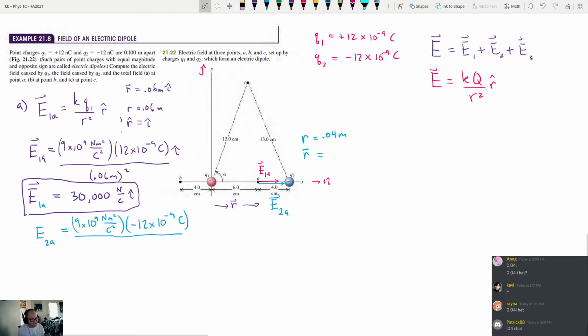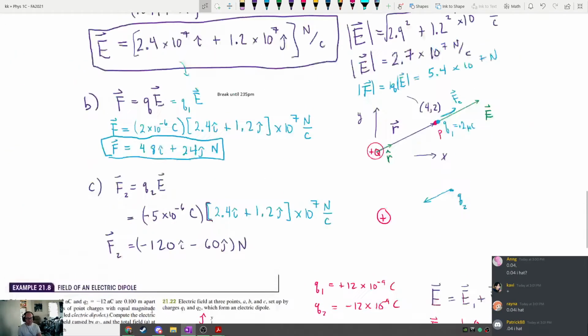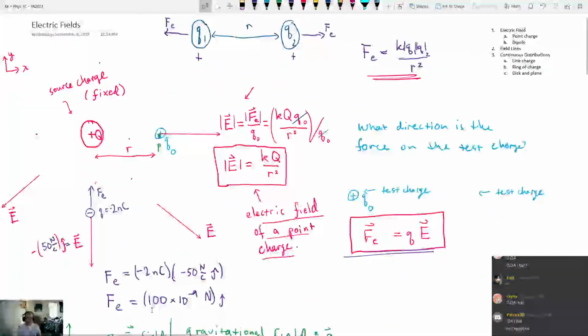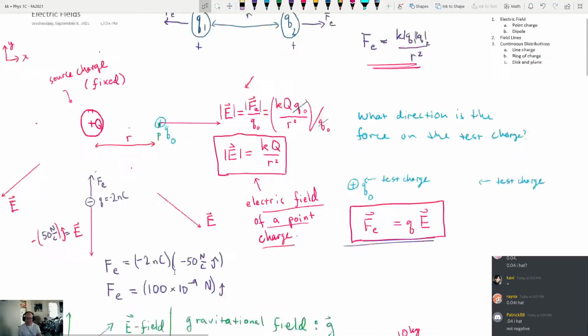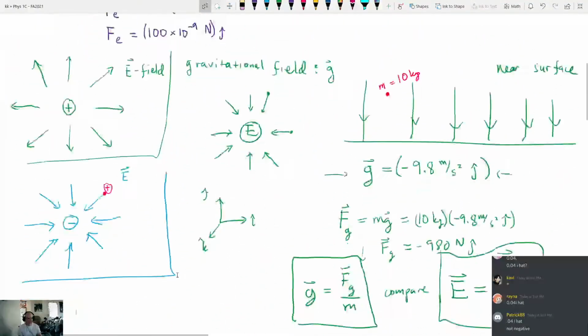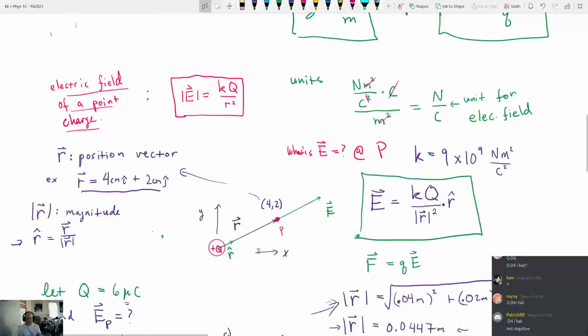Okay, I'm going to go back to the definition because this is something everyone's going to get confused by, and it's going to happen multiple times in this problem. Where did I define R? Here we go. This is how you define R. You start from the charge, right? And you draw a line from the charge to the point.